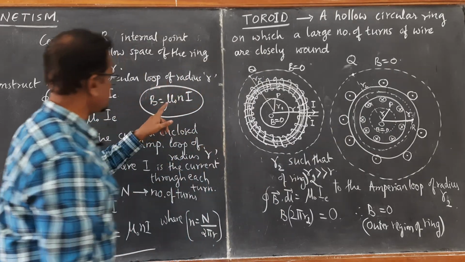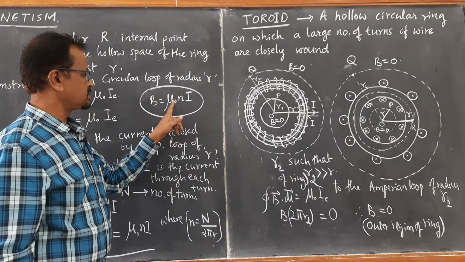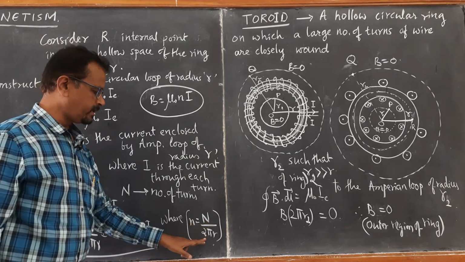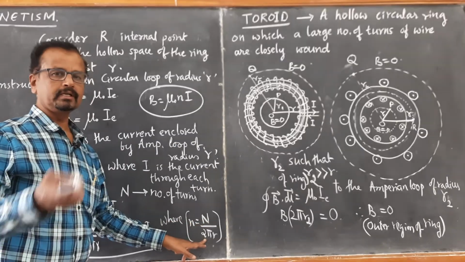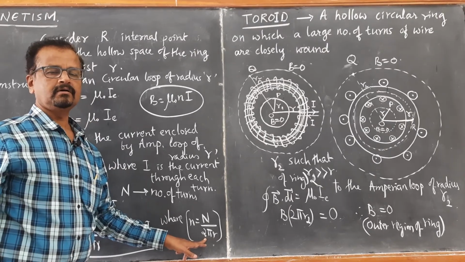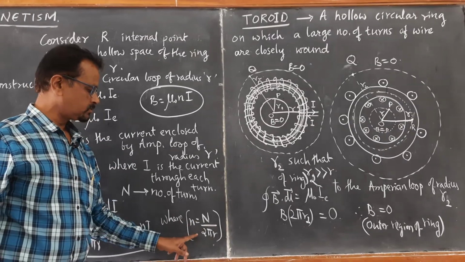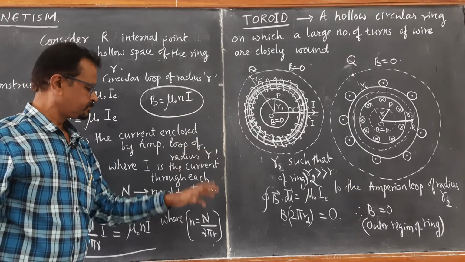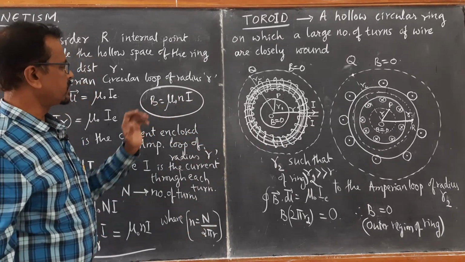So we consider mu naught, the permeability of free space, and n, the number of turns per unit length, that is capital N by 2 pi r, where 2 pi r is the total length of the interior ring of average radius r. So that gives us the magnetic field.